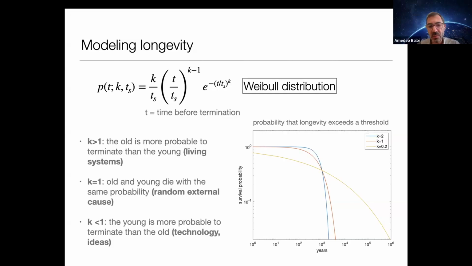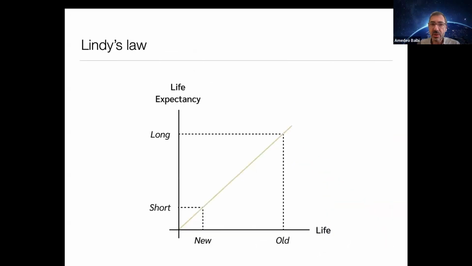But when the technology shows that it functions effectively, then you can bet that it will probably last very long in the future. And this is called Lindy's law, actually. It's something that has been studied in recent years, where essentially for things that are not living systems, but are more, for example, ideas or technologies, you have a very counterintuitive behavior where you have a short life expectancy when they are new and a long life expectancy when they are old.